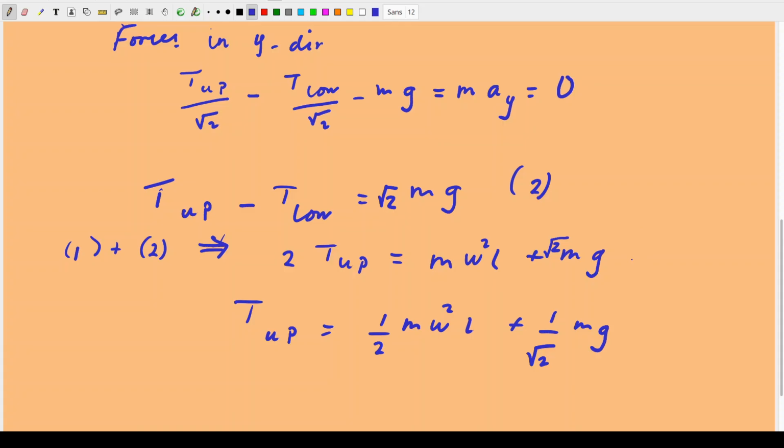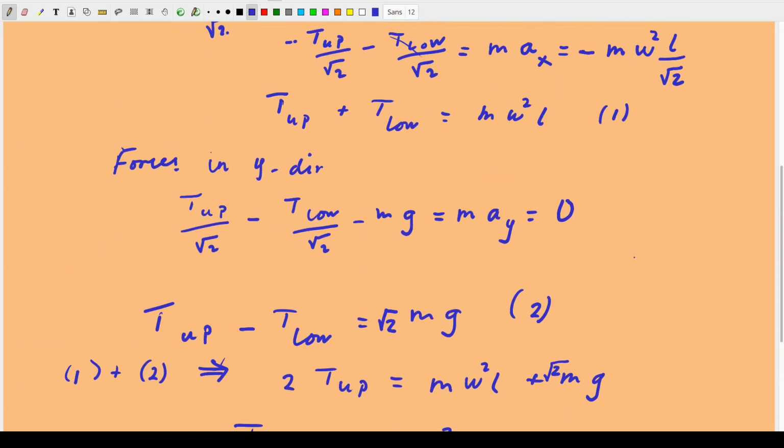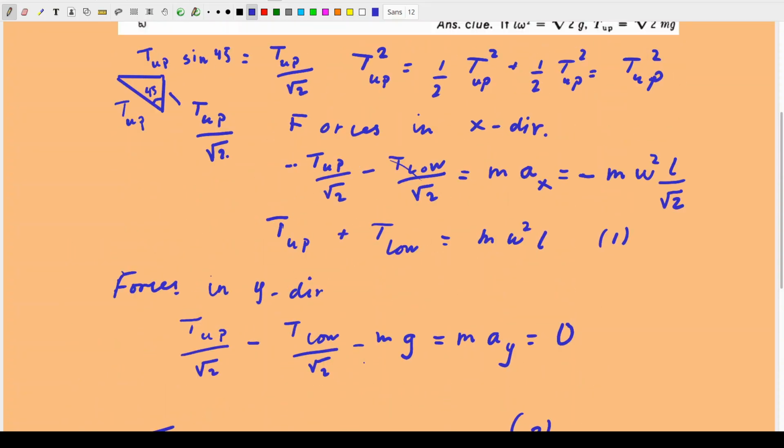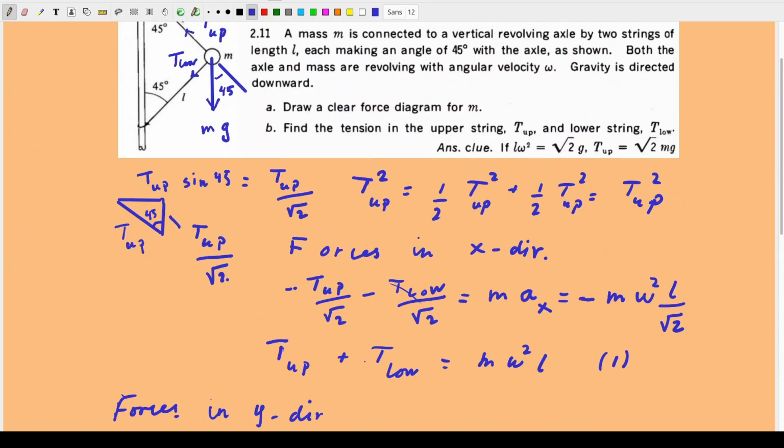And the T low can also be calculated by simply taking equation 1 and subtracting it from equation 2. So it's a trivial continuation of the same thing. Let's check if it's fulfilling. In the problem text, we see if omega squared L equal square root 2 g, then we get this result.